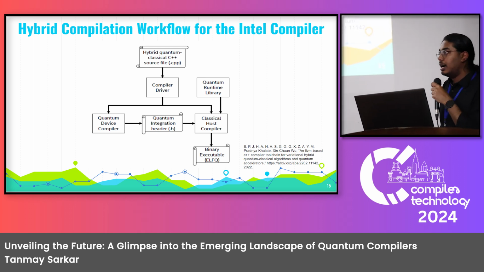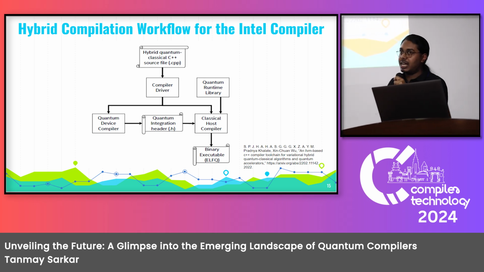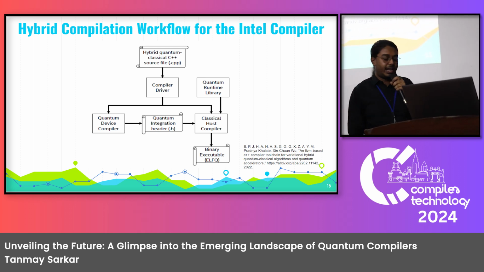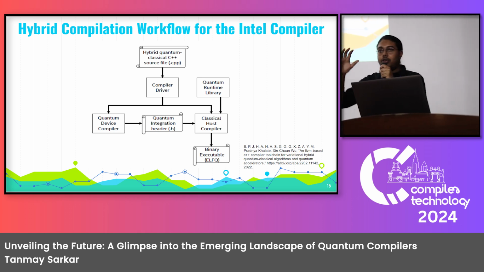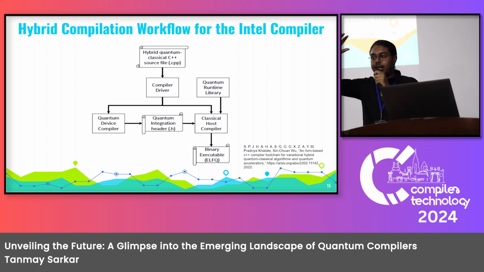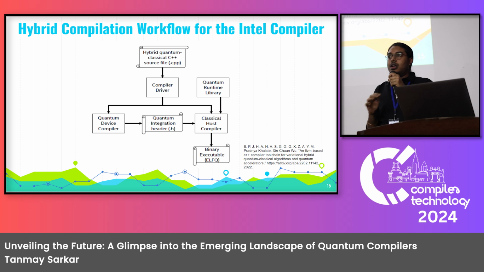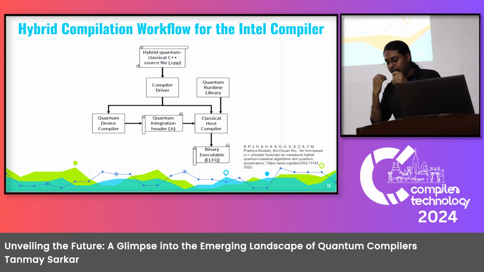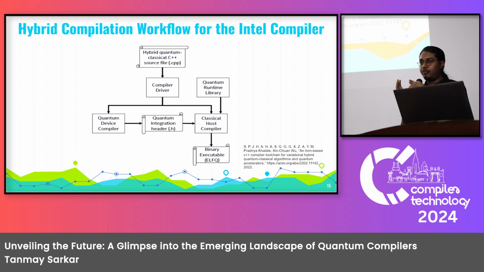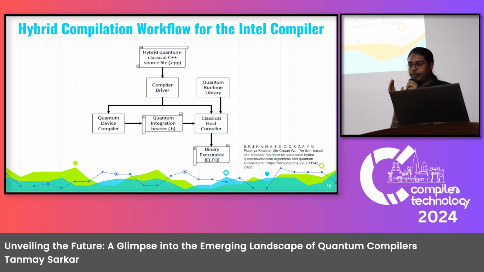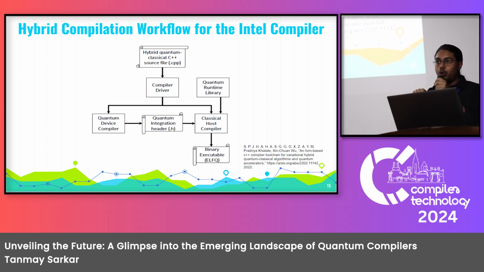Now, as I said, those hybrid quantum-classical algorithms, the variational algorithms, have a classical part and a quantum part as well, right? Let's try to think of it from an application writer's point of view, the person who is coding the application.